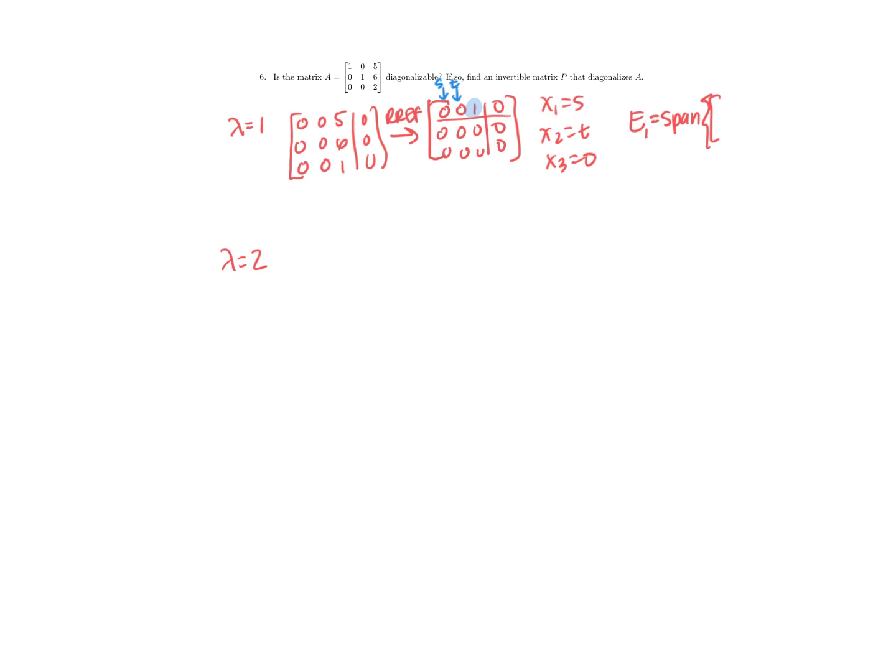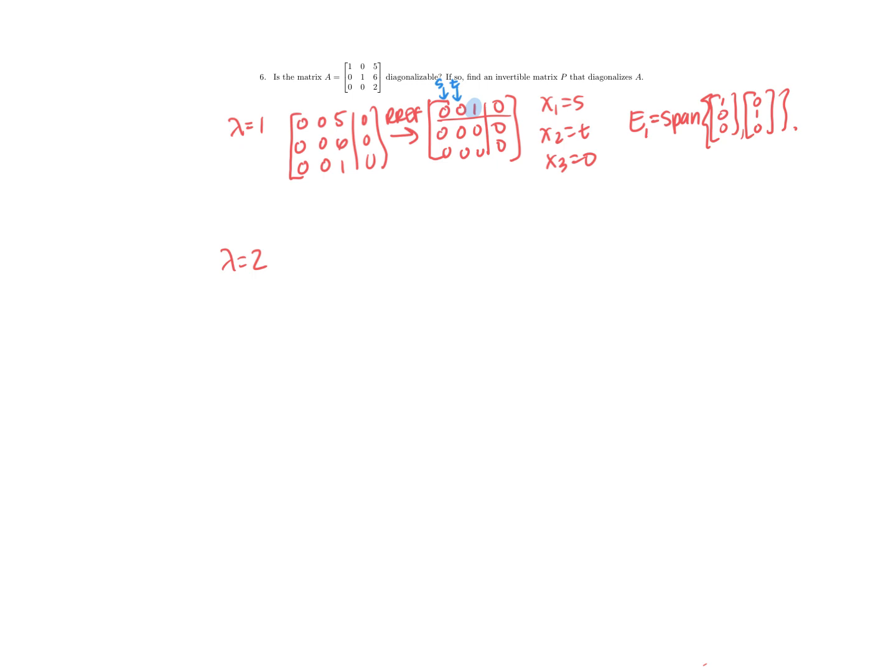I'll do the coefficients of s first, so 1, 0, 0, and then the coefficients of t next, so 0, 1, 0. So that's the eigenspace for 1. And so what this means is that it is diagonalizable because the geometric multiplicity, in other words, the dimension of the eigenspace, is equal to its algebraic multiplicity.